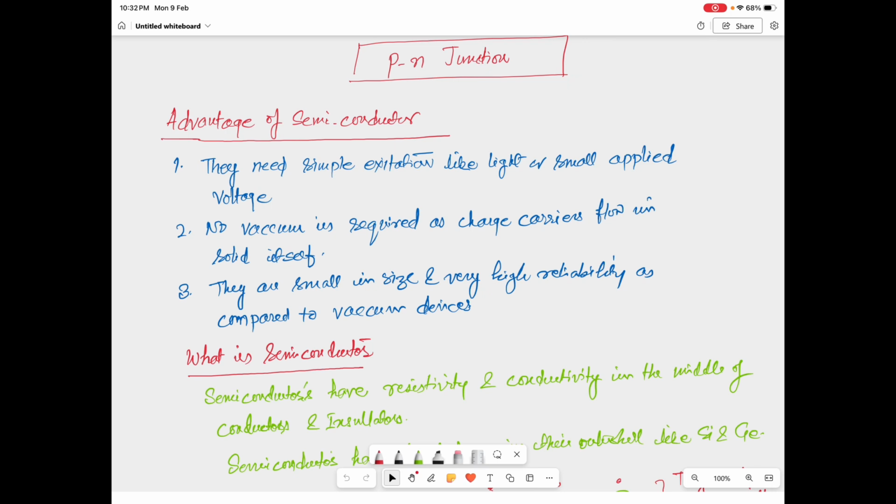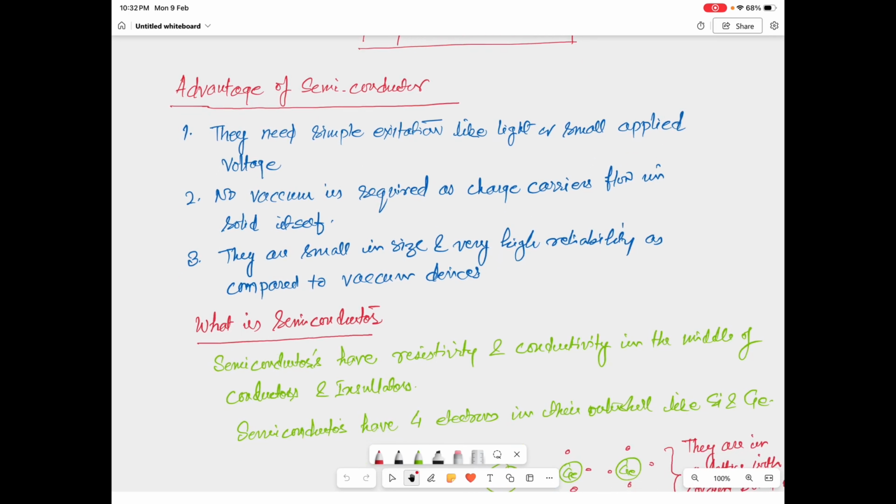All these things are eliminated in the semiconductor, and the carriers flow in the solid state itself. So no vacuum is required. They are very small in size and have very high reliability compared to vacuum devices, so they are now used in the electronics industry.